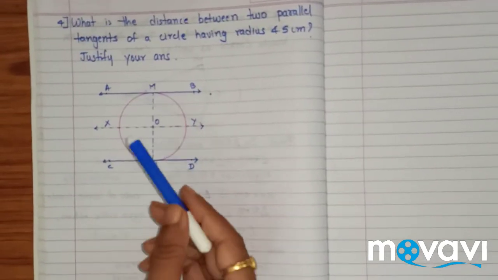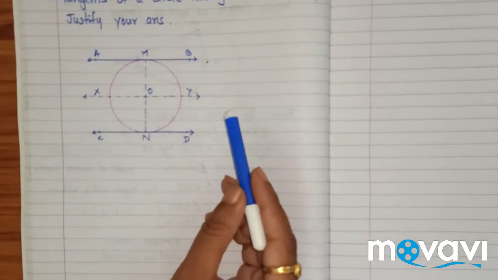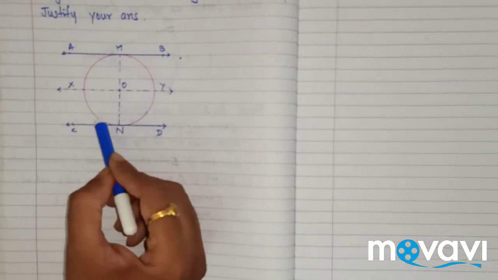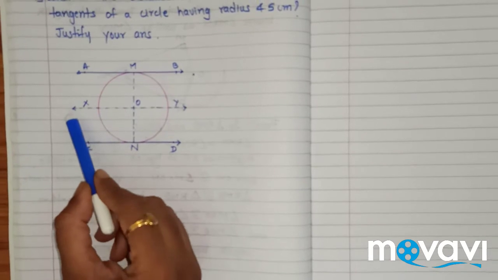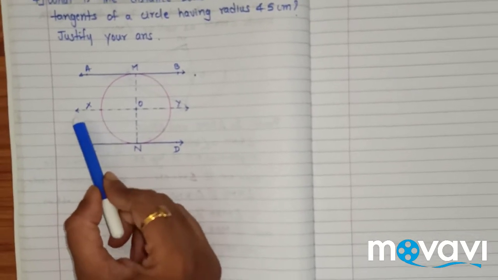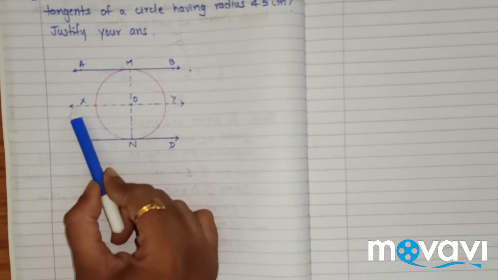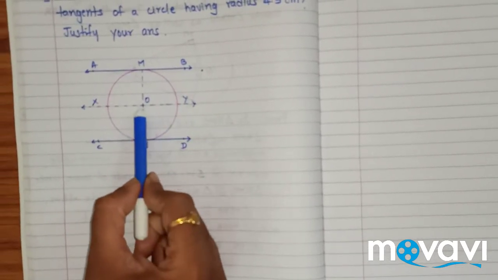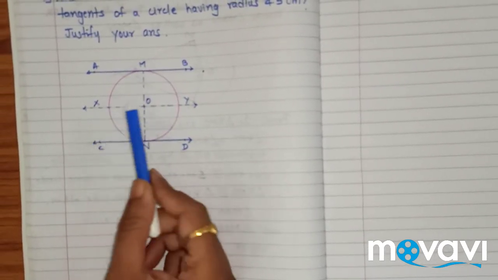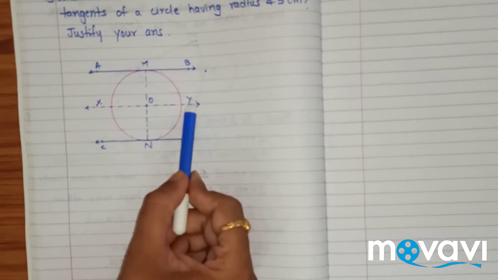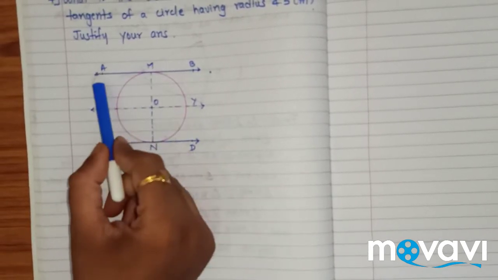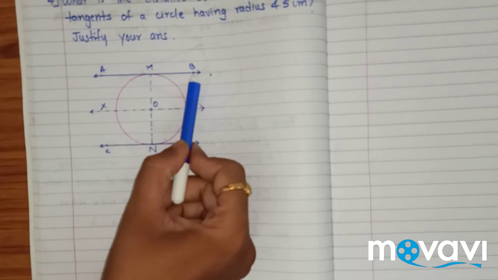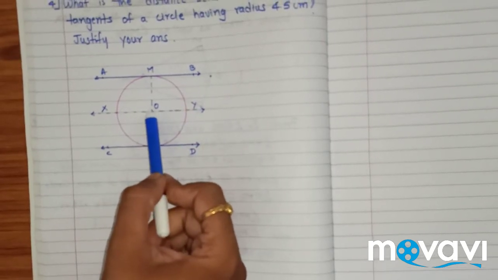So I have done a construction of drawing one more parallel line to the tangent AB through the center of the circle. This line XY is parallel to the tangent AB, and it is passing through the center of the circle.